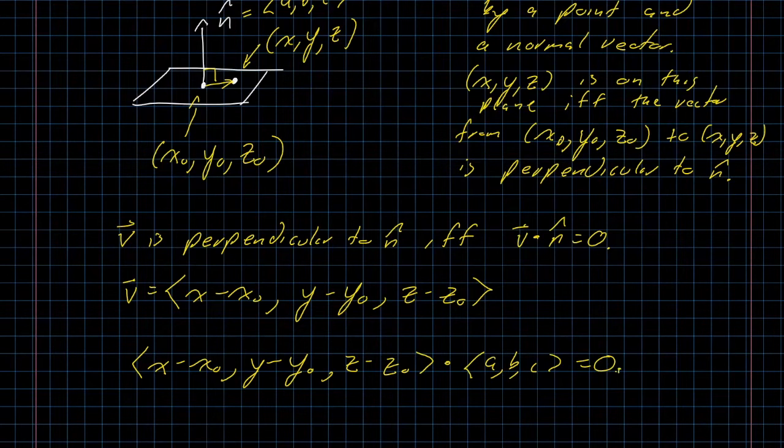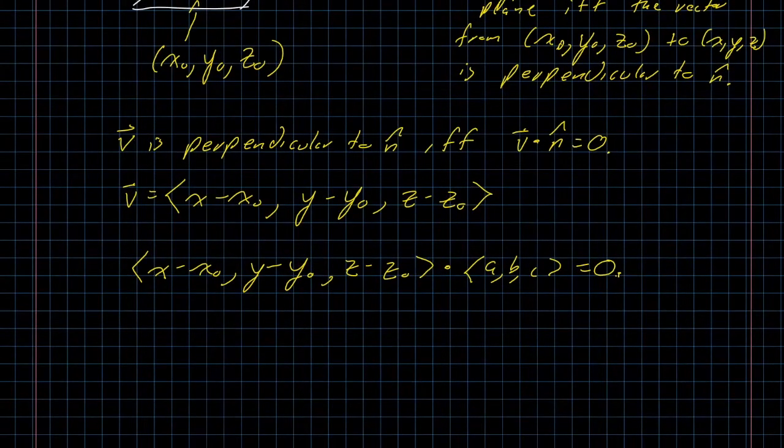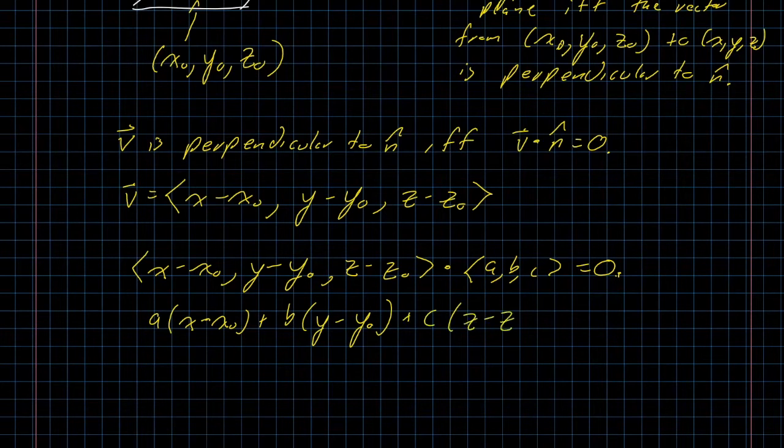All right, so just filling that in, we now have an equation for a plane. Might be a little bit nicer to simplify this, right? We know how to take the dot product of two vectors: multiply the x components, a times the quantity x minus x naught, multiply the y components, b times the quantity y minus y naught, and multiply the z components, c times the quantity z minus z naught.